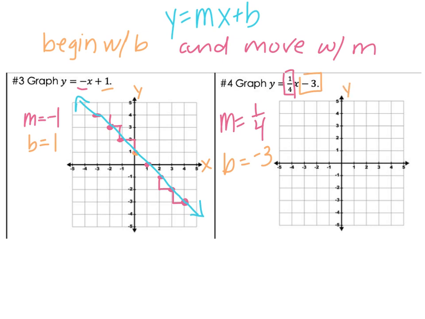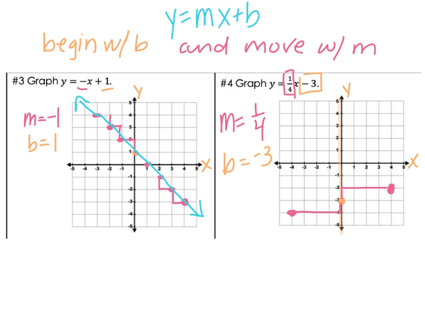So plot your y-intercept, finding -3 on the y-axis. And I'm going to move with m. It's a positive slope, so we're going to go up 1 and to the right 4. I won't be able to move anymore in that direction, so I'm going to go in the opposite direction and go down 1, run 4.